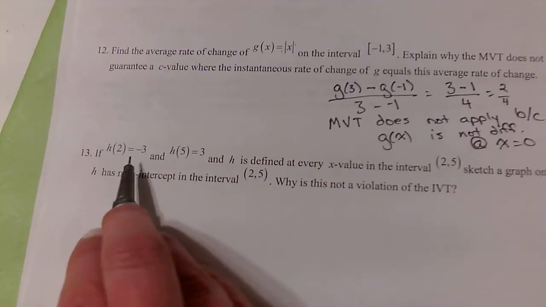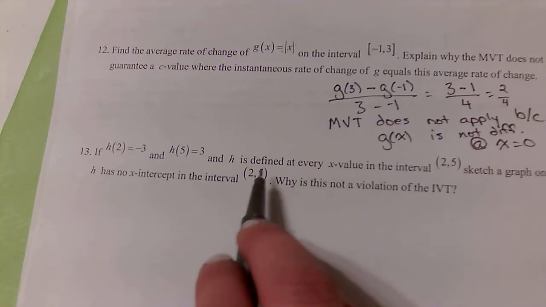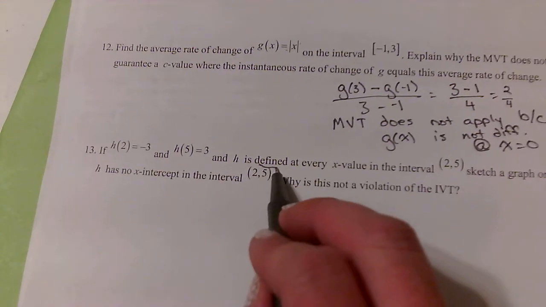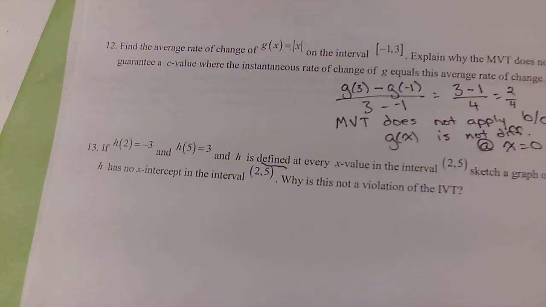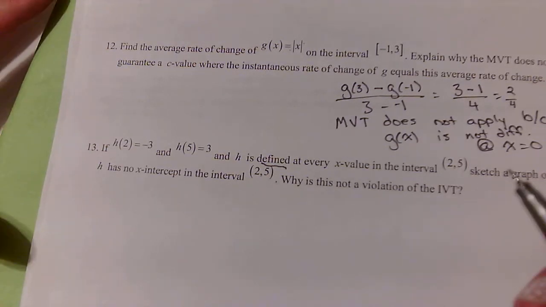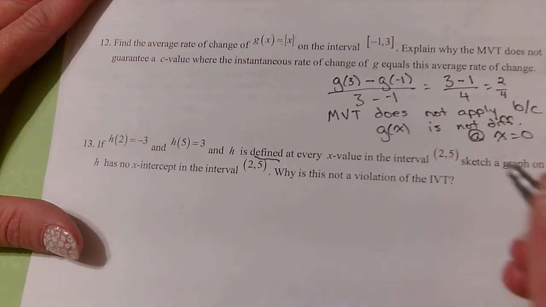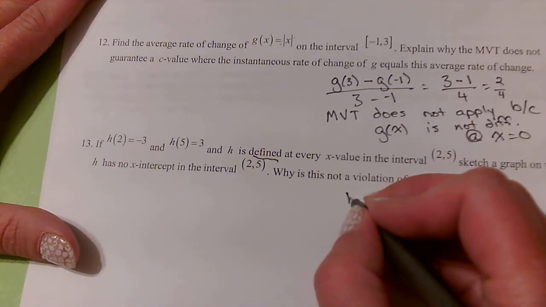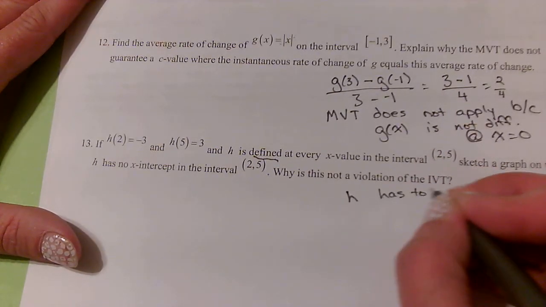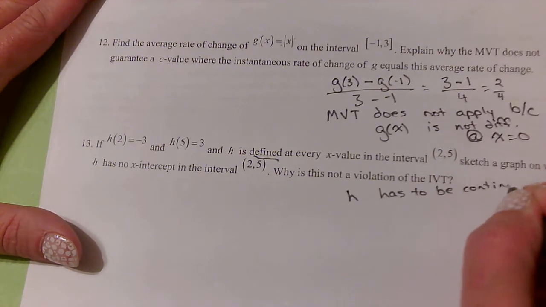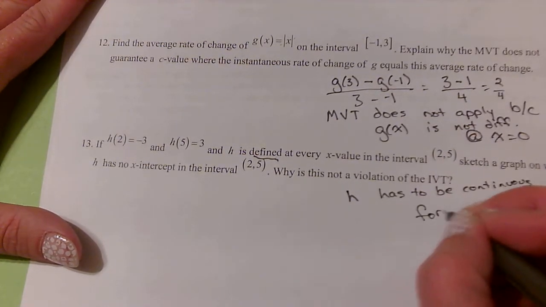H of 2 is -3, h of 5 is 3, and h is defined at every x value on the interval from 2 to 5. Sketch a graph on which h has no x-intercept in that interval. Okay, and it says defined, but it does not say it's continuous. H has to be continuous for IVT to work.